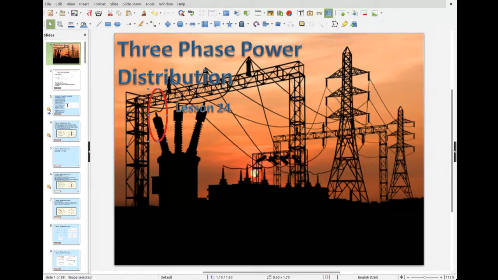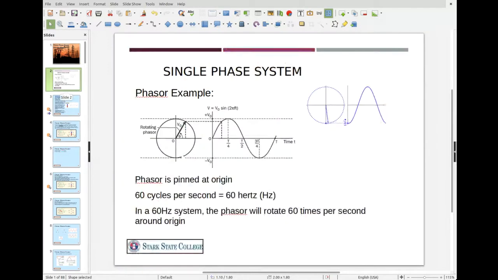And when we look over here, here's a transformer with three phases. Here's a graphic with a little animated GIF showing you the single-phase system.